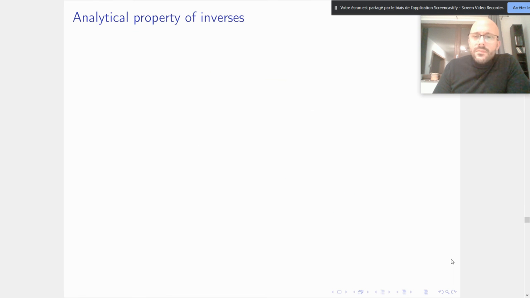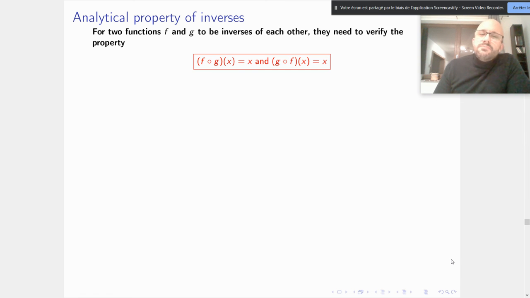And that property is a very, very important analytical property of inverses. This property always has to be true. It always has to be verified if you want to know if two functions are inverses of each other.